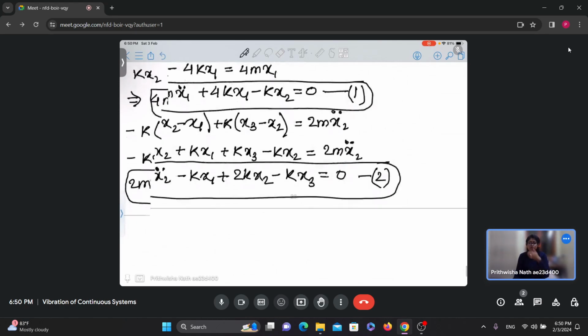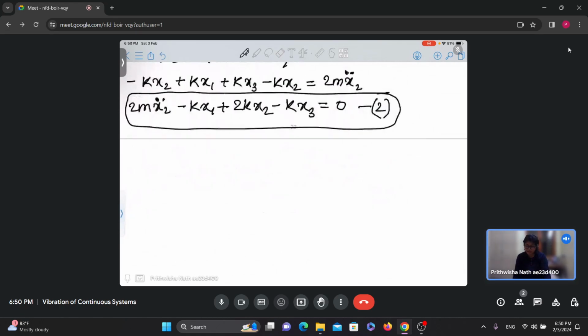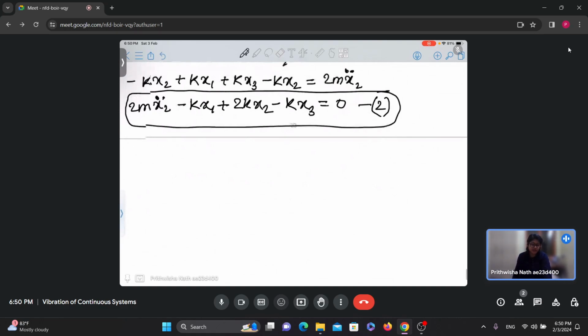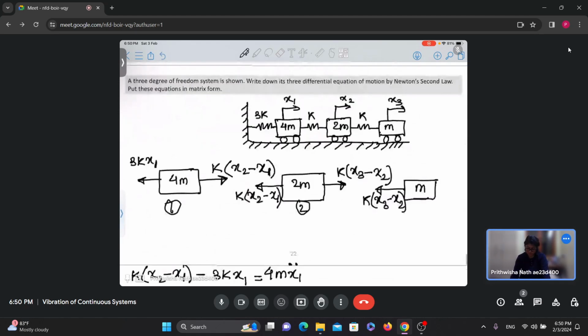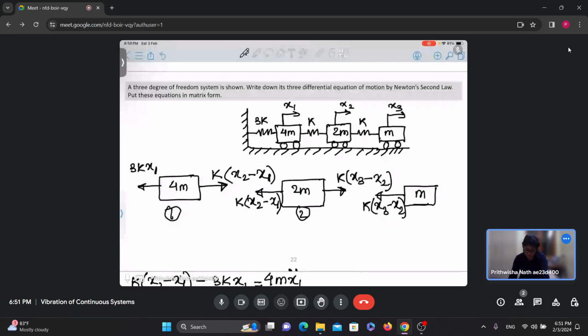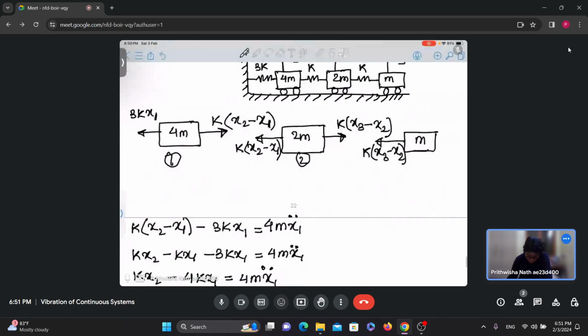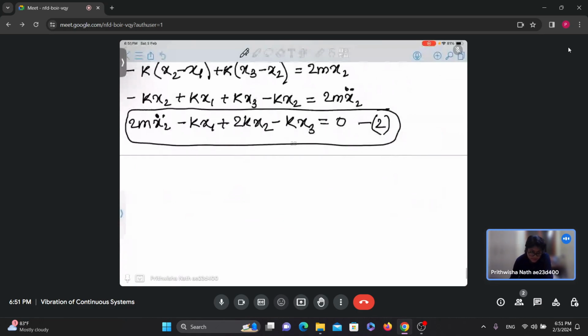Now similarly we have to do the same thing for the third mass. On the third mass, as we can see, a force acts only towards the left. So we write it as minus k into x3 minus x2 equals m x3 double dot.